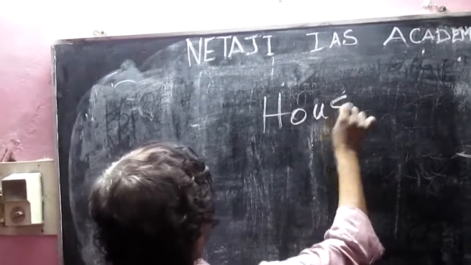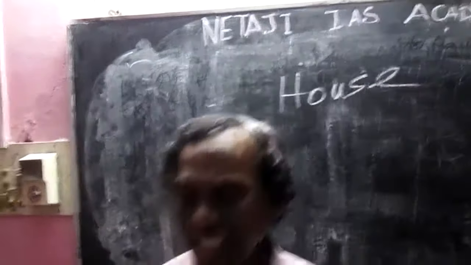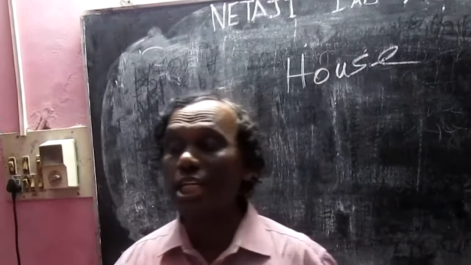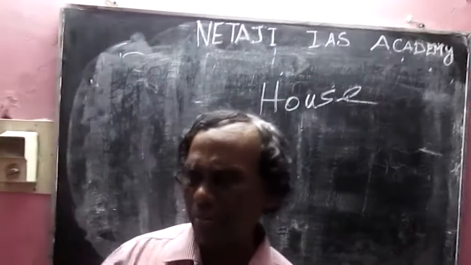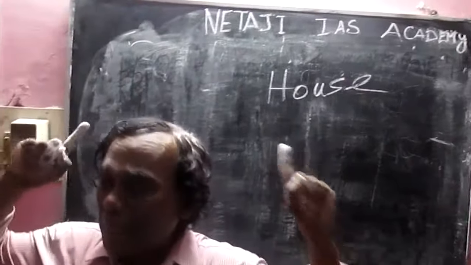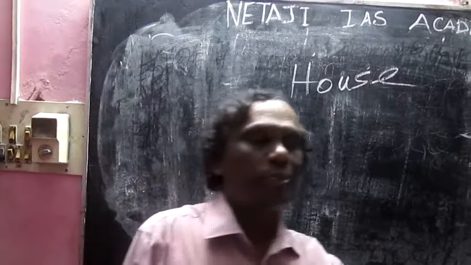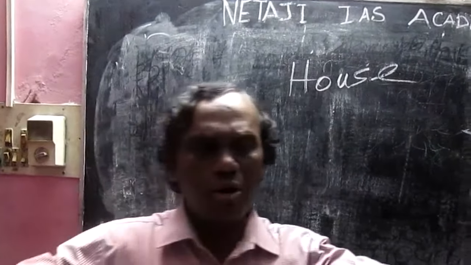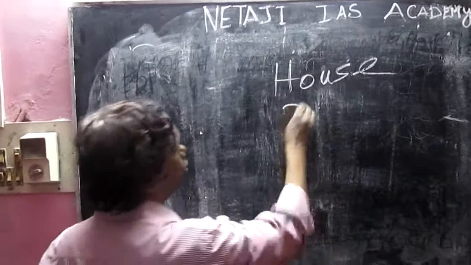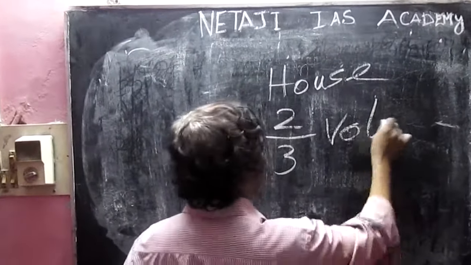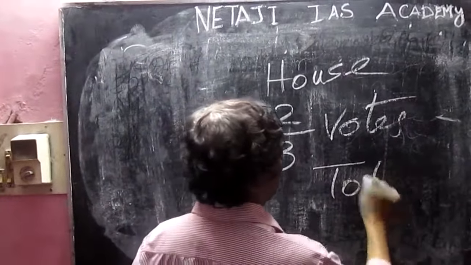The notice should be given to the head of the House in which the motion is introduced. The most important point, the impeachment motion should be passed by each House of Parliament by two-thirds of total members.